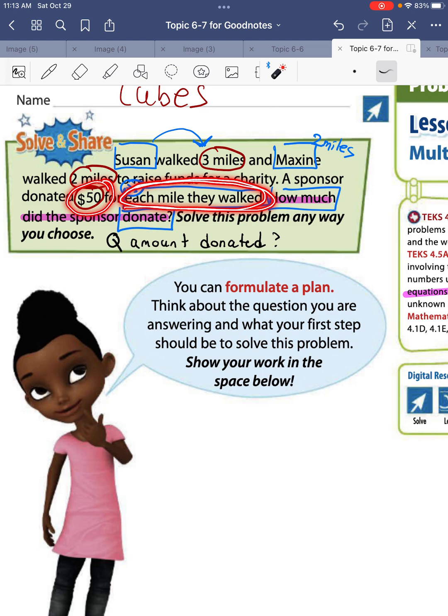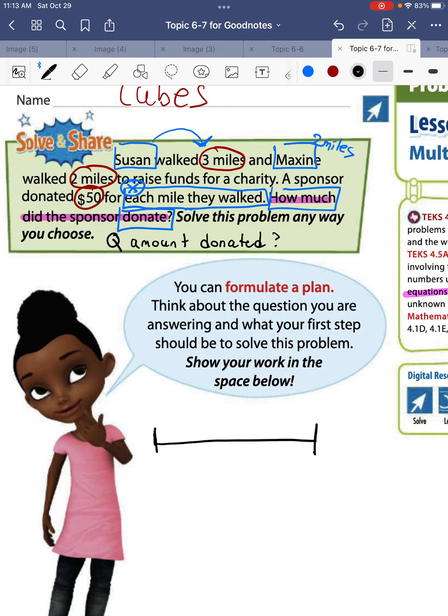Okay, that's my first step. I need to figure out, well, how much did Susan and Maxine walk together? So I'm going to do my strip diagram. Remember, the top is almost always going to be your total. So I'm trying to find miles walked. That's my first step. I need to find that.